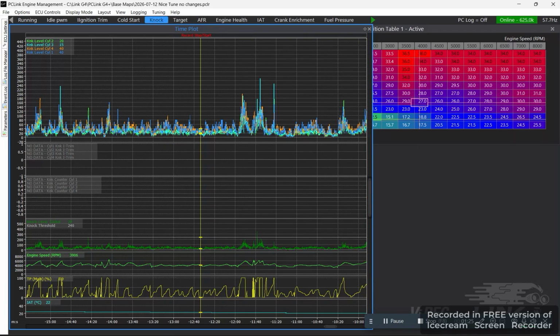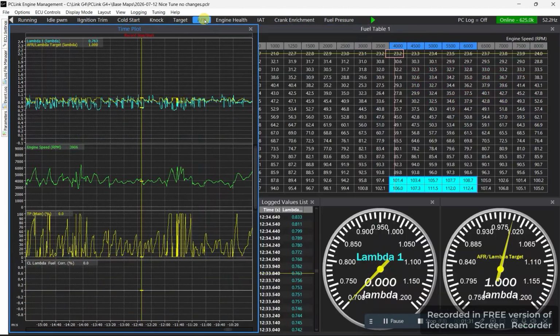Then it's a matter of, can we interpret the log file? All right. For instance, here's a tab called air fuel ratio. Here's a tab called road speed.